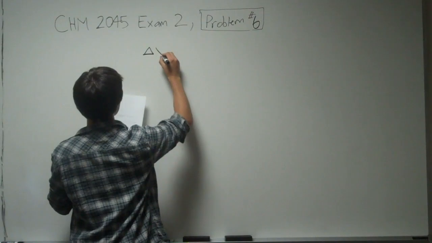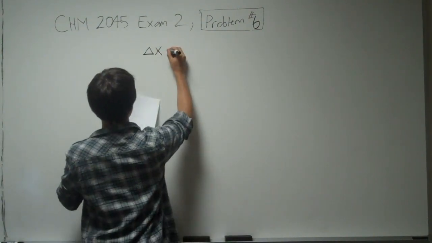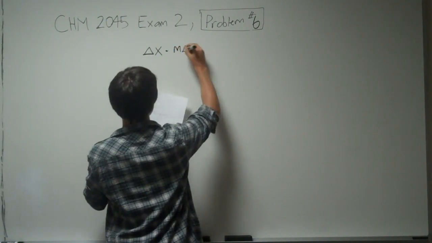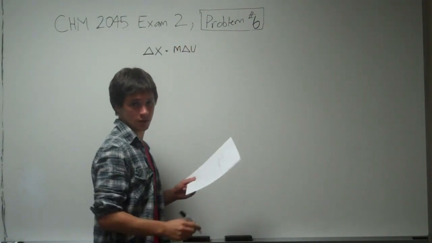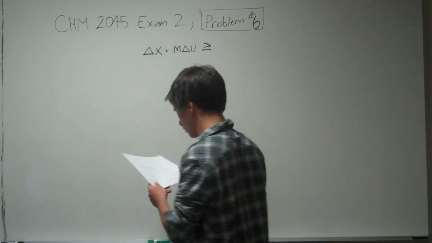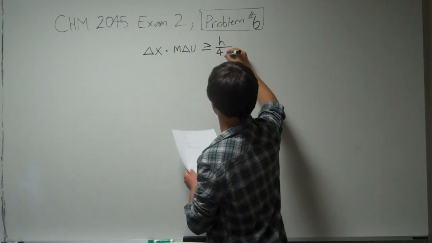delta x, which is uncertainty in position, times m delta u, which is uncertainty in speed, is greater than or equal to h over 4 pi.